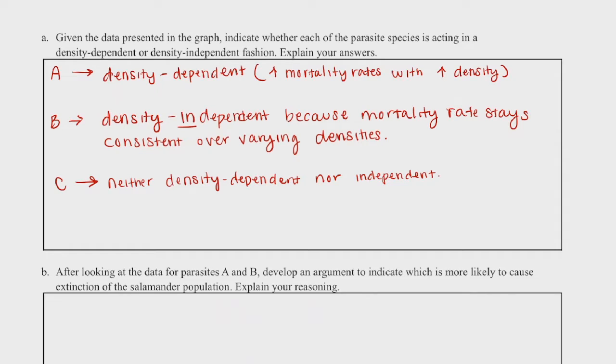And then finally, D, which is control. I'm just going to put that in parentheses.